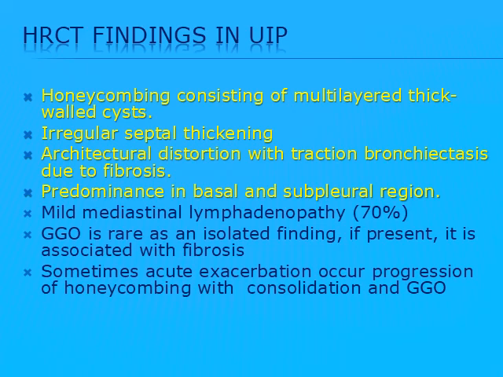These changes are predominantly seen in the basal and subpleural region, and this is very important. Sometimes we can see lymphadenopathy, and presence of ground glass opacity as an isolated finding may be seen due to fibrosis or represent acute exacerbation on top of UIP.